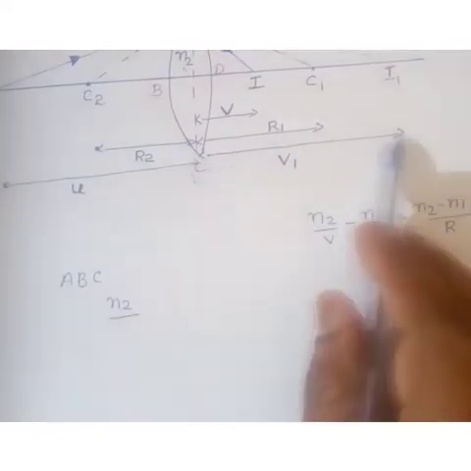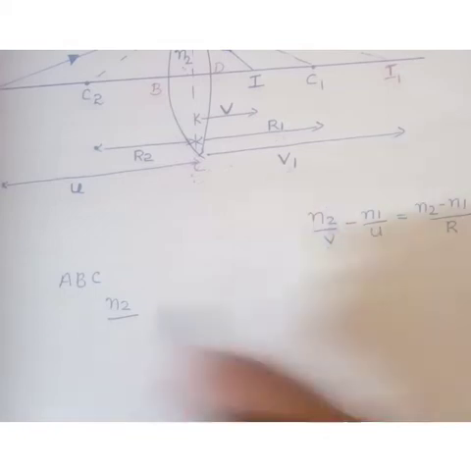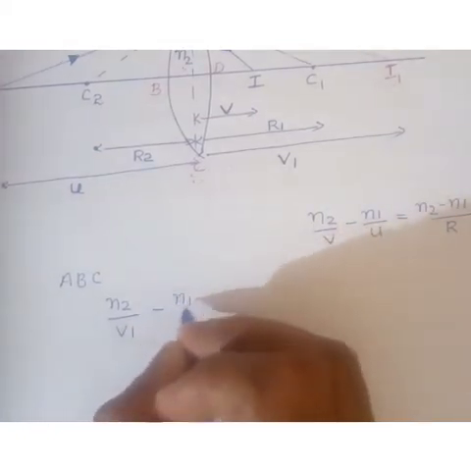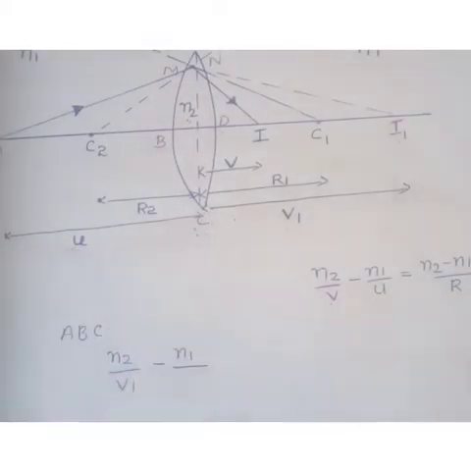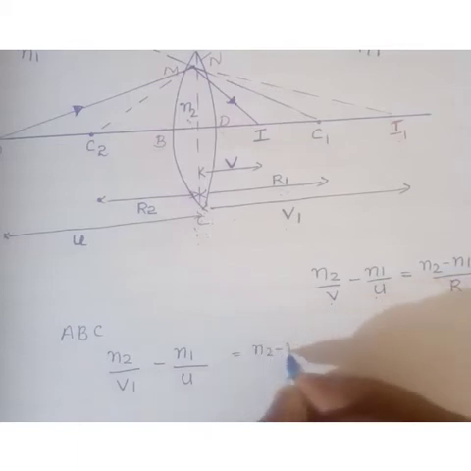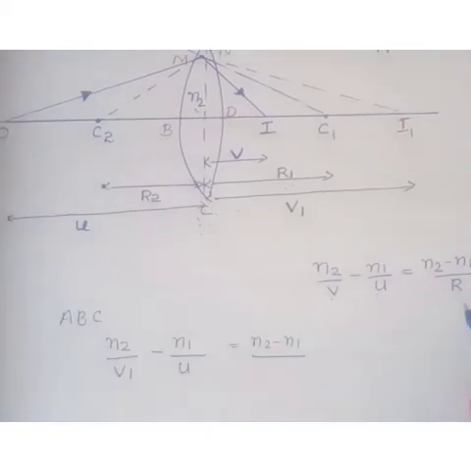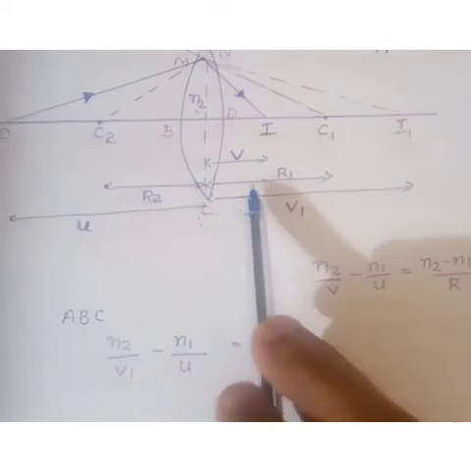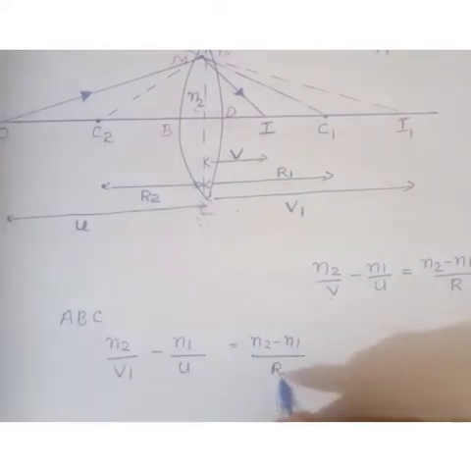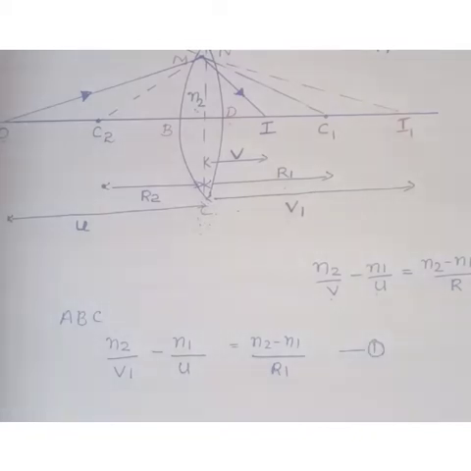Here the image distance is V1. Then minus N1 divided by the object distance, same as that of u, is equal to N2 minus N1 divided by R. Which R, R1 or R2? R1. So this is equation number 1.